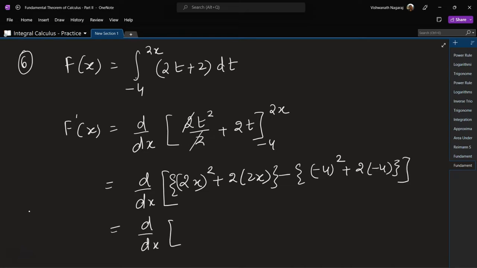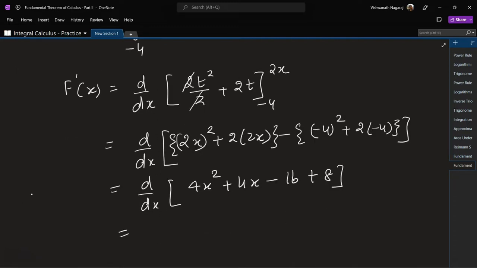We get 4x square plus 4x minus, this would be 16 minus times minus plus 8. Now let's differentiate this. This would be 8x plus 4. These two will be 0.